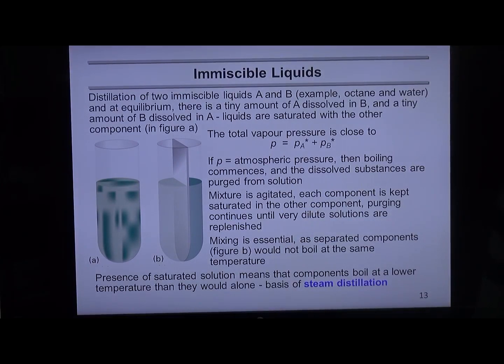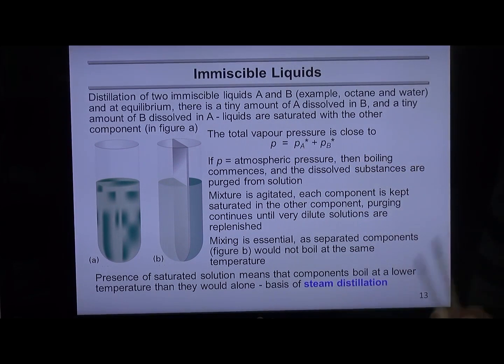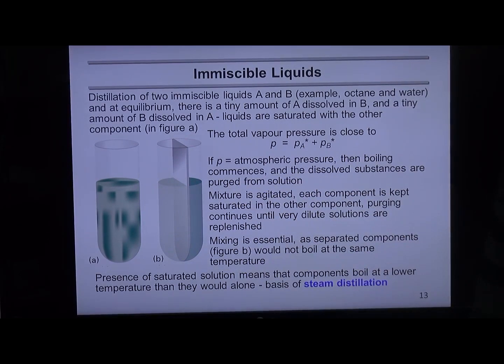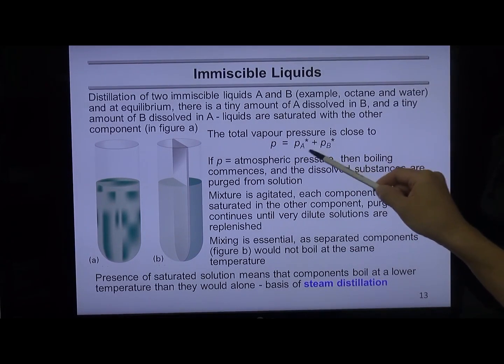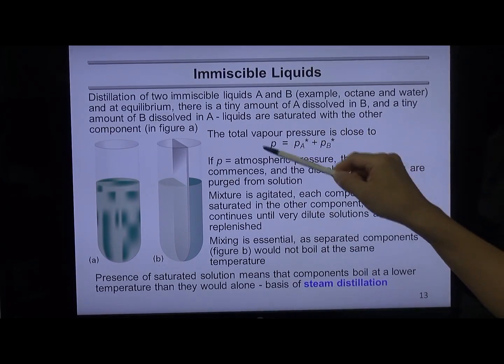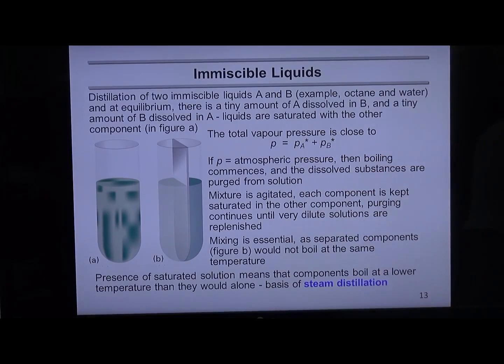Which means that if this total pressure reaches 1 atm, this solution starts boiling. And since the total pressure is the sum of the vapor pressures of A and B in pure form, we can reach 1 atm at relatively low temperature. So at relatively low temperature, we can boil this solution.